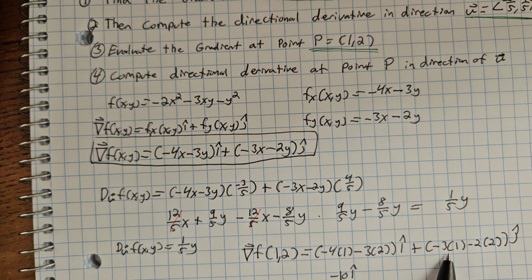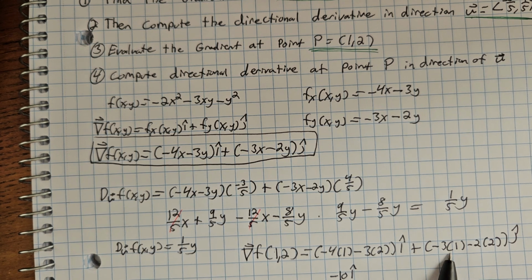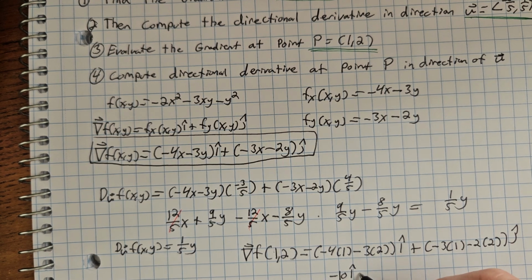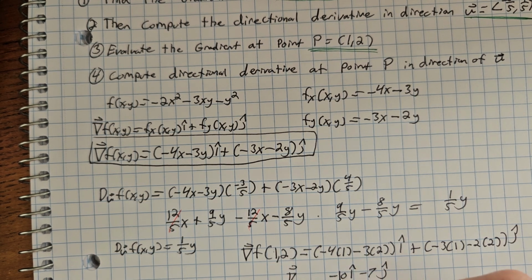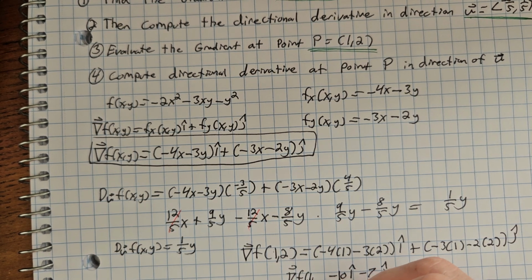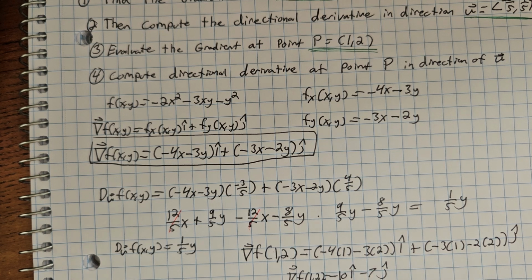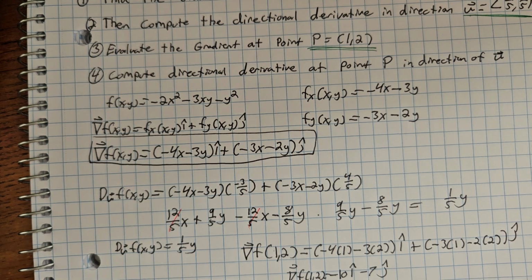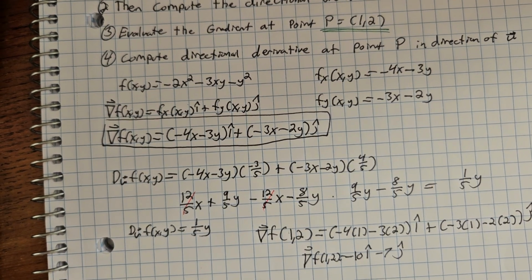And then we have negative 3 minus 4, otherwise known as negative 7j. So our gradient at point P equals negative 10i minus 7j. Oh, got kind of cut off there.